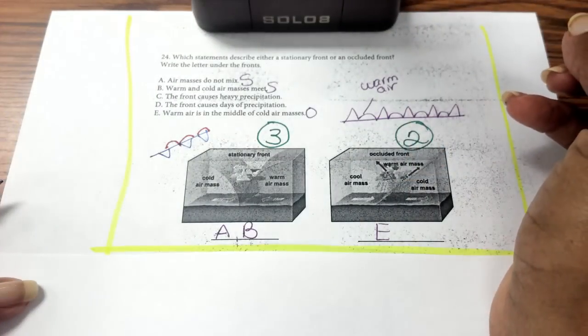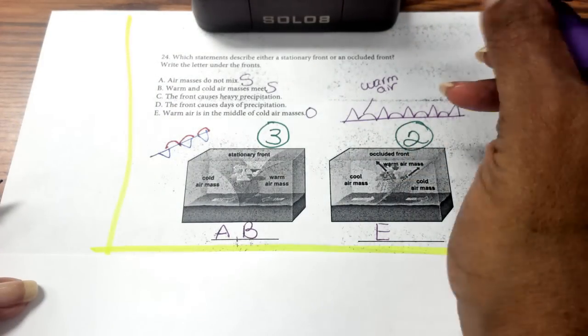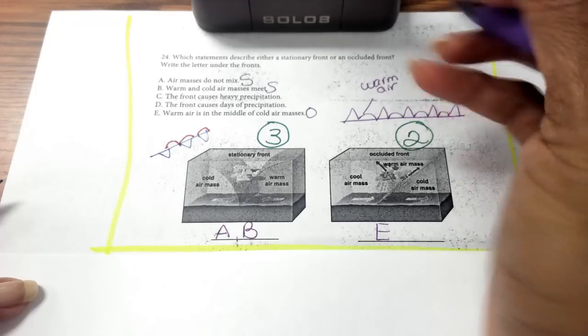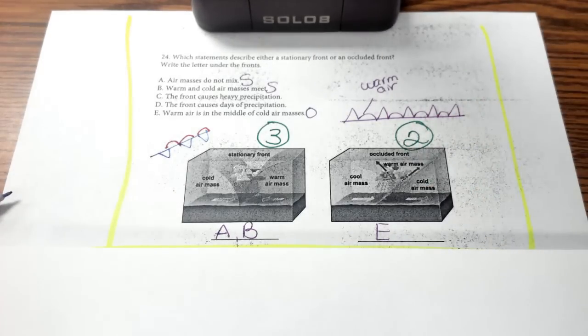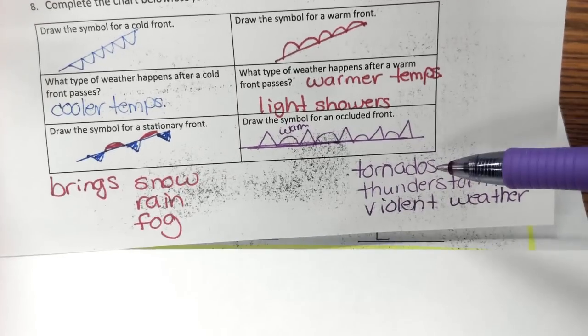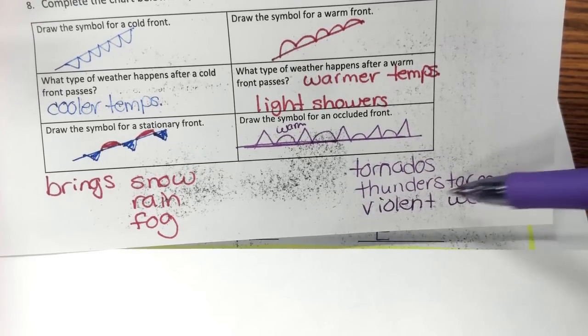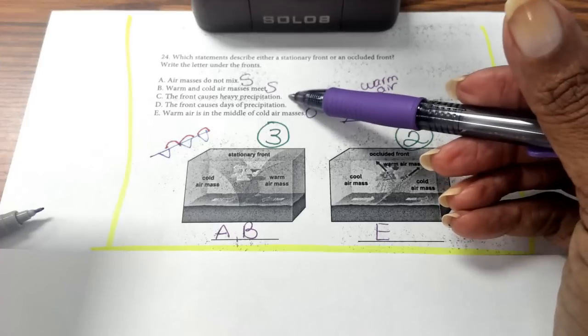Okay. Causes heavy precipitation. Well, if you remember back on the front where we talked about the occluded front, we said that the occluded front can cause tornadoes, thunderstorms, and violent weather. You can also have rain with a stationary, but this one is saying heavy precipitation.